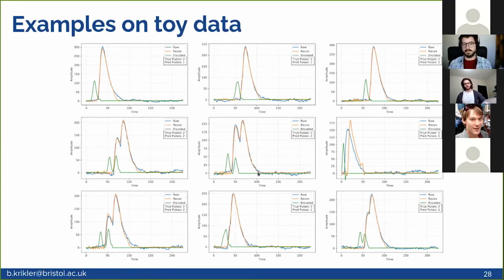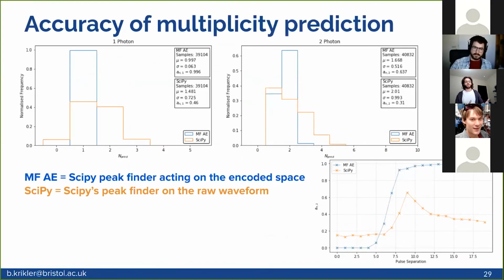Now this is just some examples. Let me make this more quantitative. So in terms of the accuracy of the prediction here, how is it getting the multiplicity right? You can see that for events where we know there's only 1 photon in there, about 99.6% of the time, I'm correctly saying there's only 1 photon in there. For events where we know there were 2, it's 64% of the time getting the 2 photons correct.